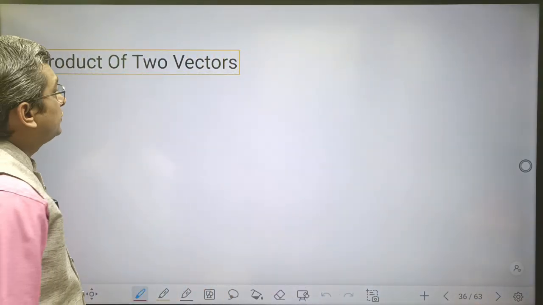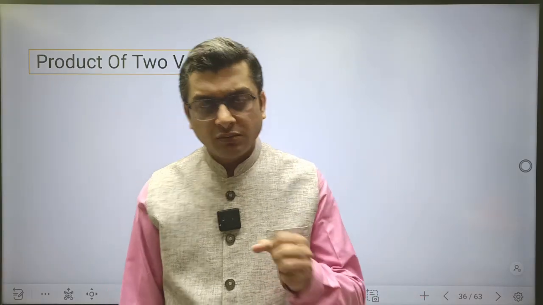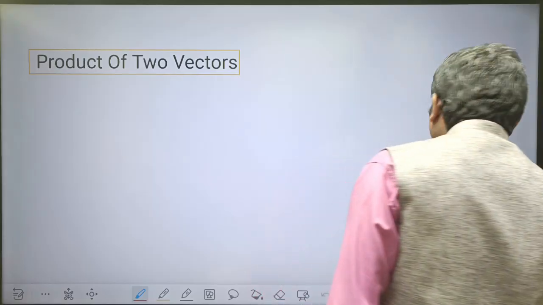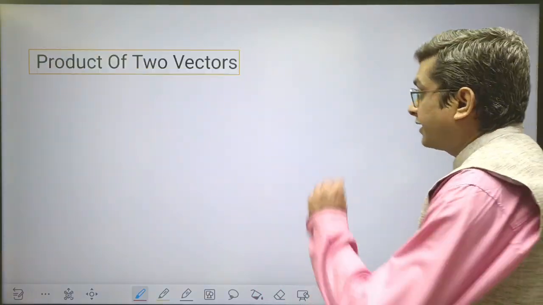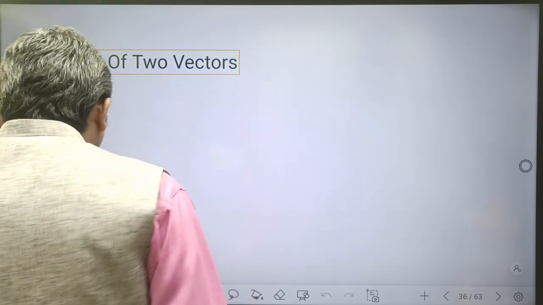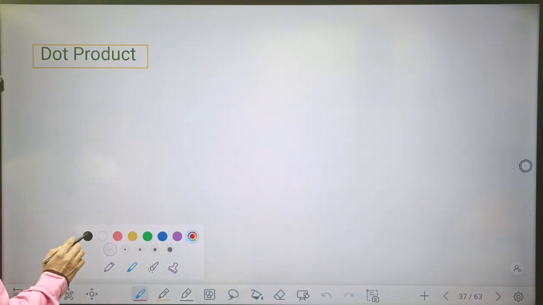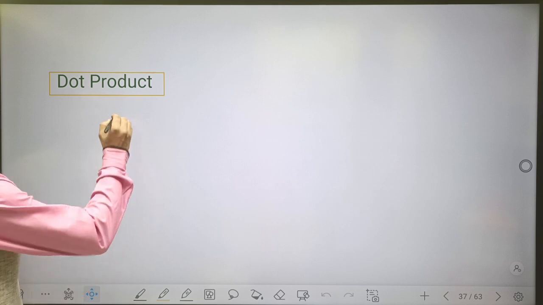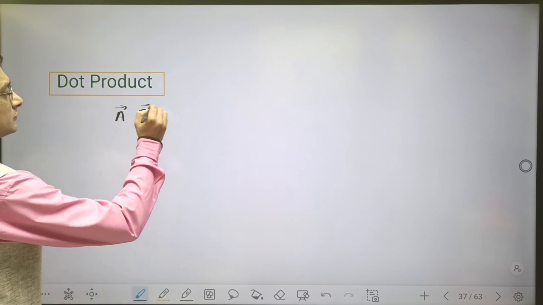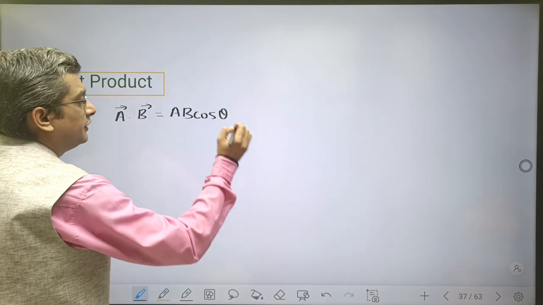Now the product of two vectors. We have two different kinds of products: the first is the dot product and the second is the cross product. So first let us have a look at the dot product. Suppose there are two vectors, A dot B. This is given by A B cos theta.